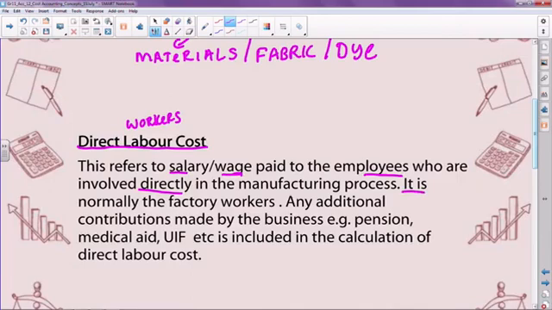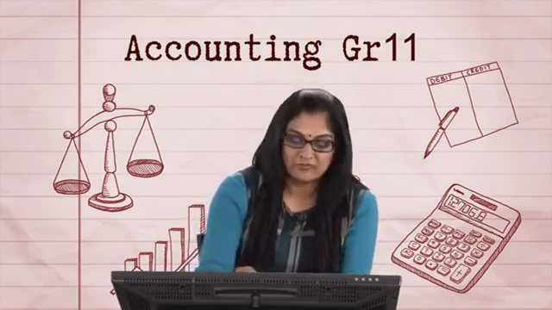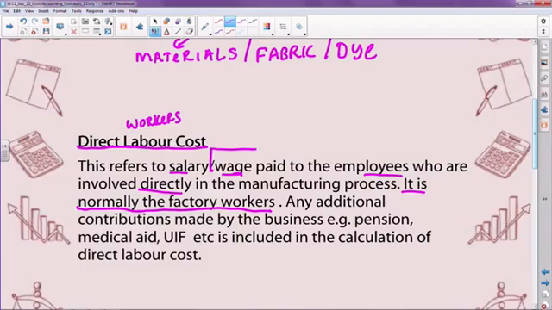It is normally the factory workers. Right, so as far as your syllabus is concerned, it's, like I said, normally your factory workers, and you will find that your factory workers will earn a wage, not necessarily a salary.